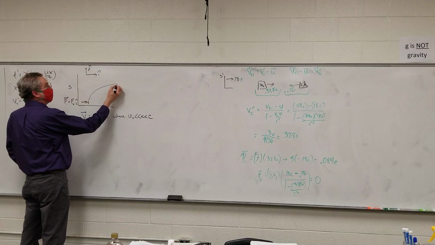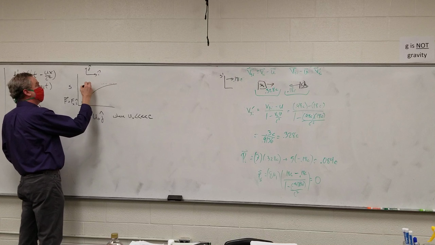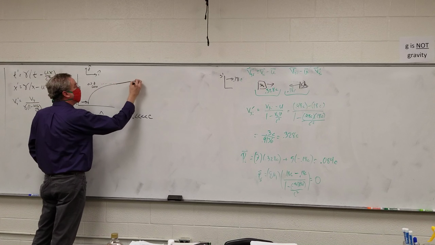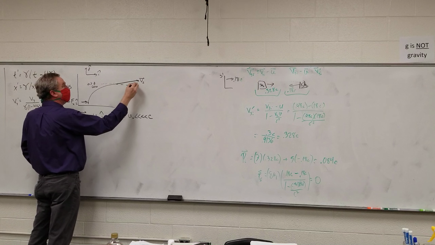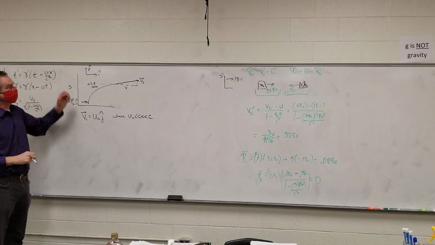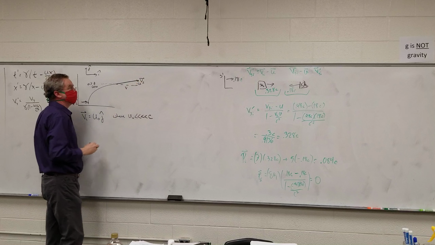And this is where I'm ending the problem, that's when the force ends. The particle is traveling in this direction, so this is my V final. I'm just going to say that the horizontal component is v and the vertical component is u.